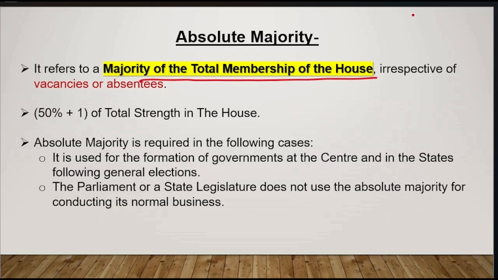Now let's suppose, obviously we are having 543 members in Lok Sabha. So the majority of 543 is 273. Sorry, my mistake. So 273 members are the majority of the total membership of the house.